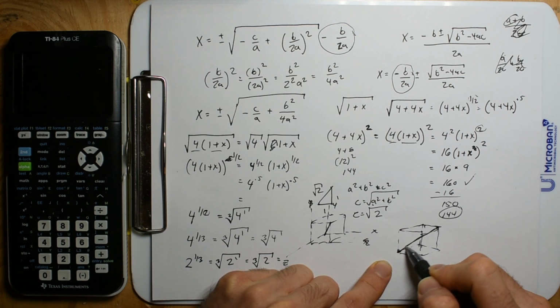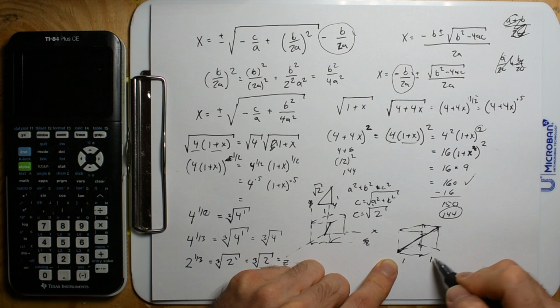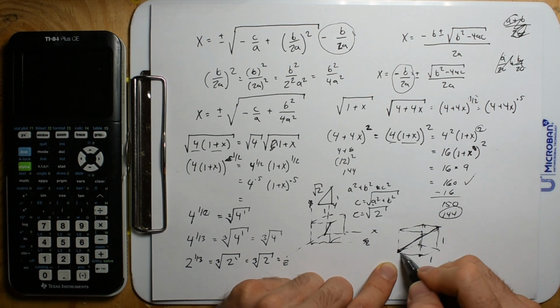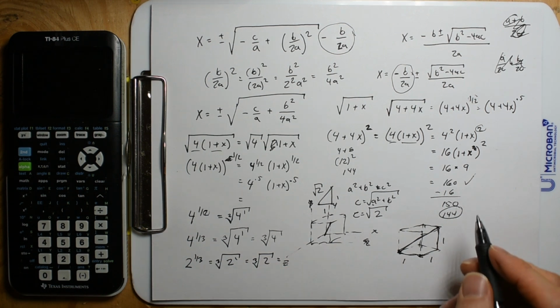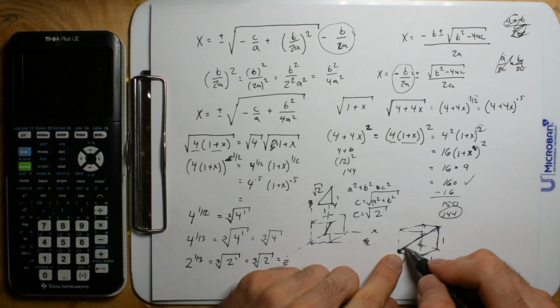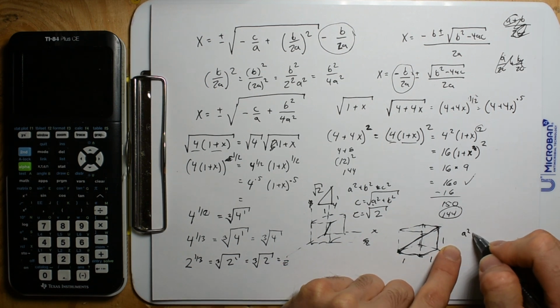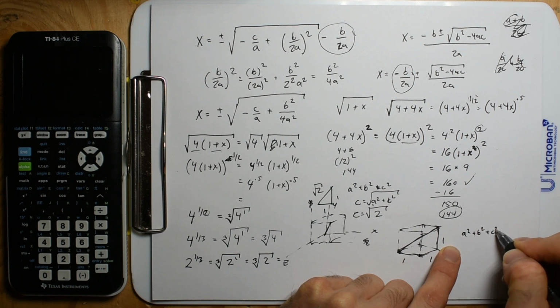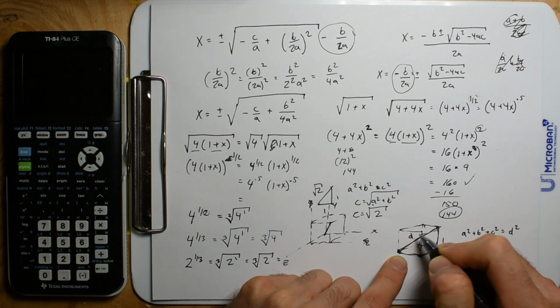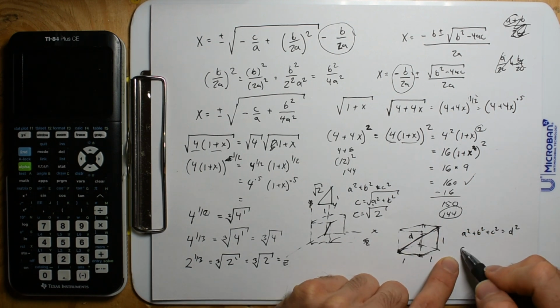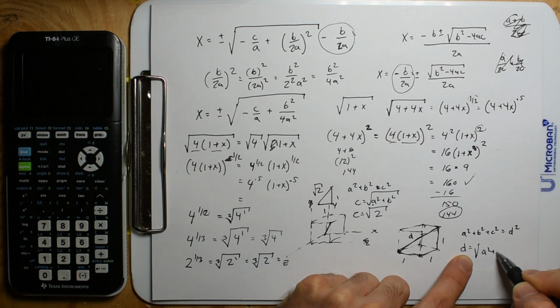So if we go from there to there, and this is 1, this is 1, and this is 1, I don't want to really get into it, but this line is the same thing as a squared plus b squared plus c squared is equal to d squared. And this is our d right there. So d is the square root of a squared plus b squared plus c squared.